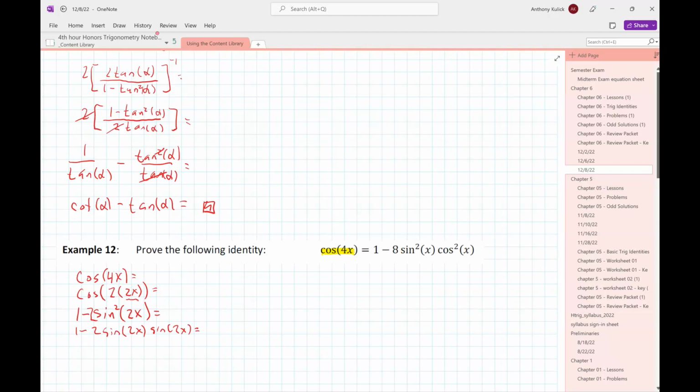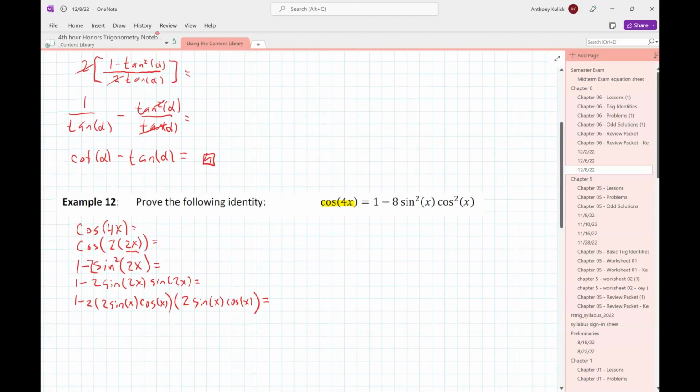And I can do my double angles for sine. Now in hindsight, I'm really happy that I chose the 1 minus 2 sine squared as my double angle option for cosine 2x, because the double angle formula for sine is way easier to use than the double angle formula for cosine was going to be.